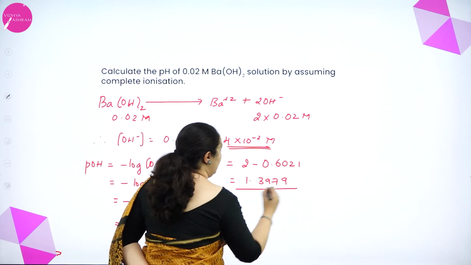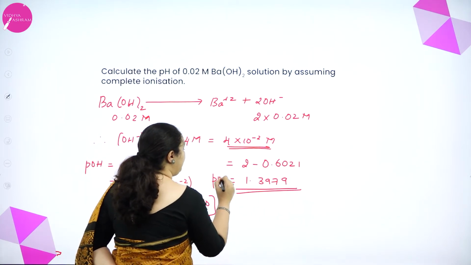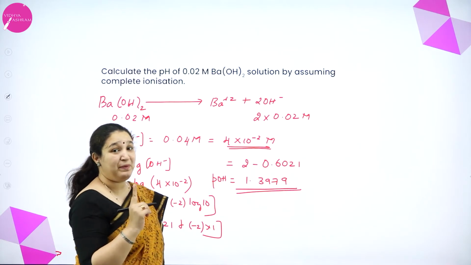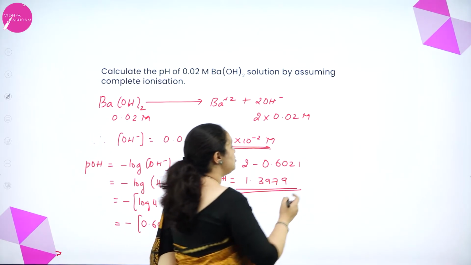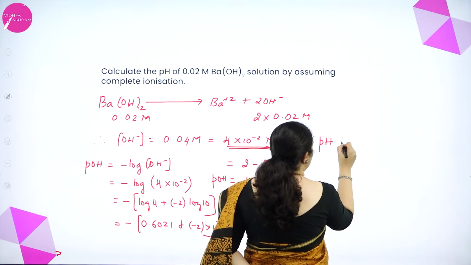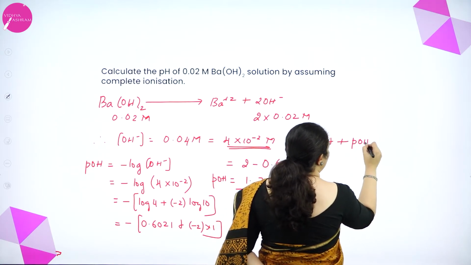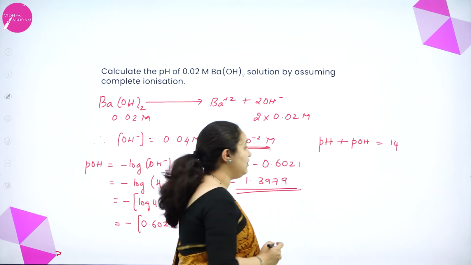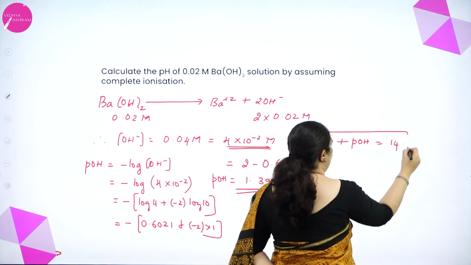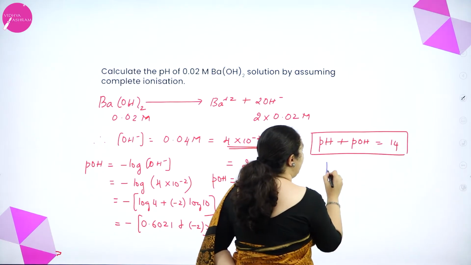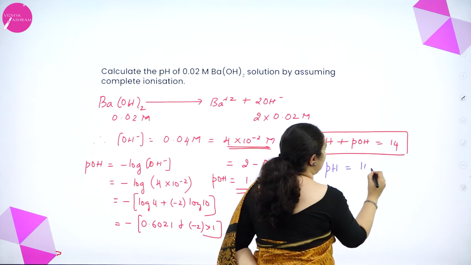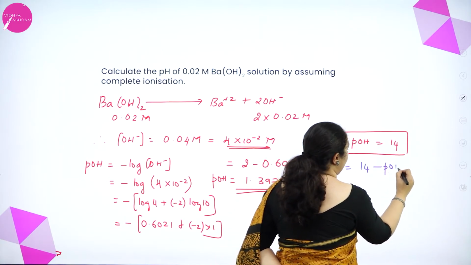So this is the pOH value. But my question is, they are asking the pH value, isn't it? So I have to use the formula pH plus pOH is equal to 14 to calculate the pH. So pH is equal to 14 minus pOH.